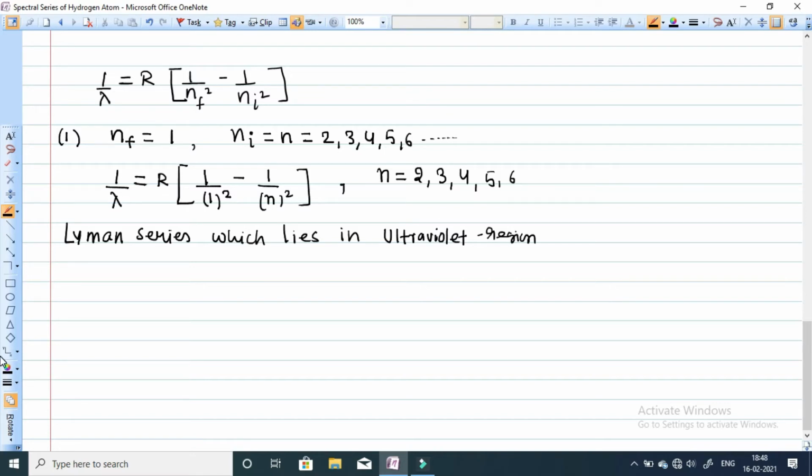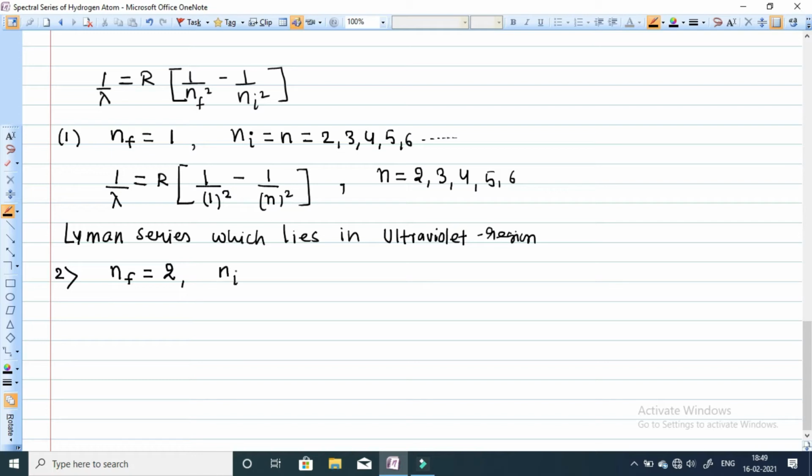Now the second case we are going to discuss. The electron is making a transition from higher to lower, meaning finally the electron is jumping to, suppose, the first excited state. First excited state means n is equal to 2, and just choose a higher energy state from this.